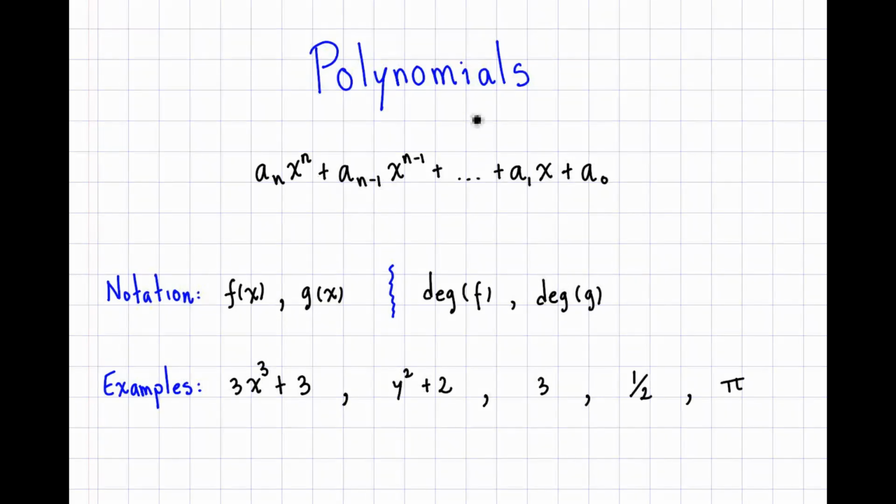Today we are going to talk about polynomials. Initially, a polynomial is merely an algebraic expression like this: a formal sum of powers of a letter, in this case x, called variable, multiplied by numbers called coefficients.